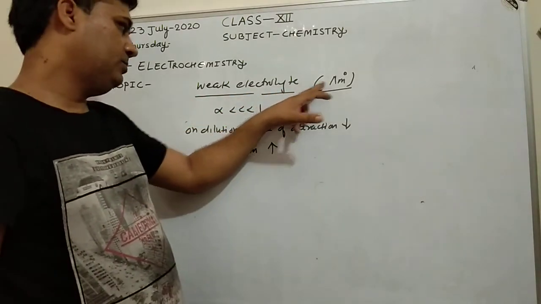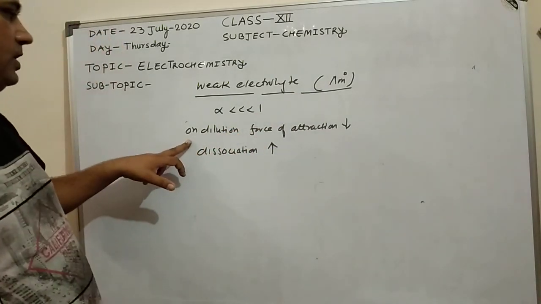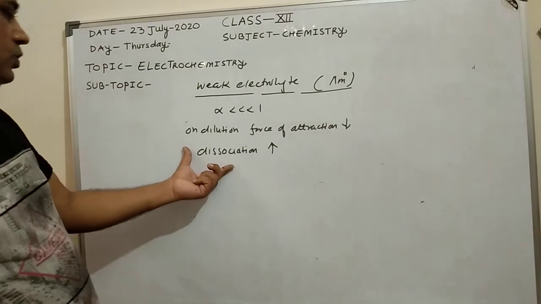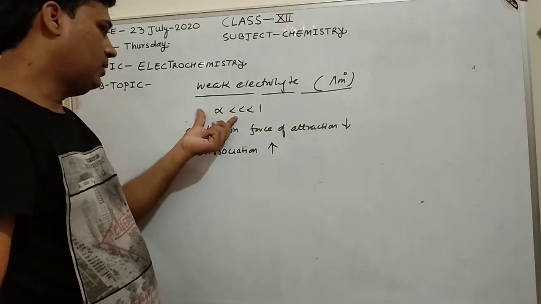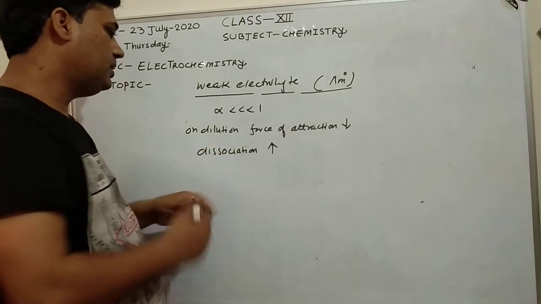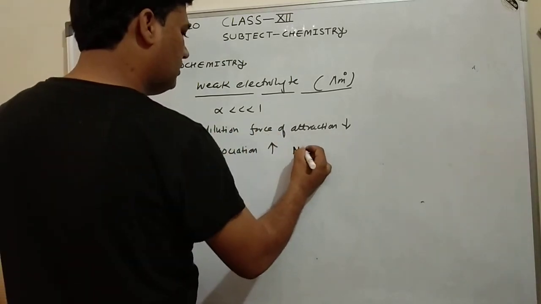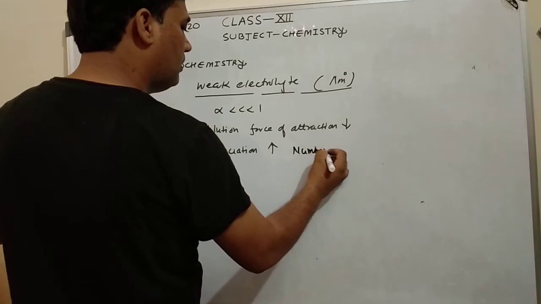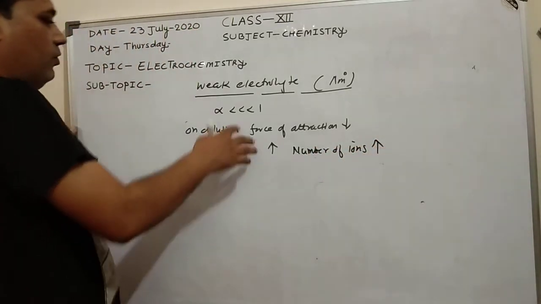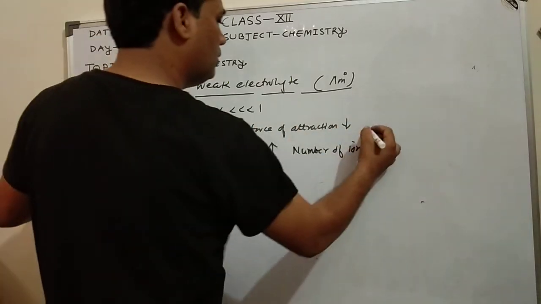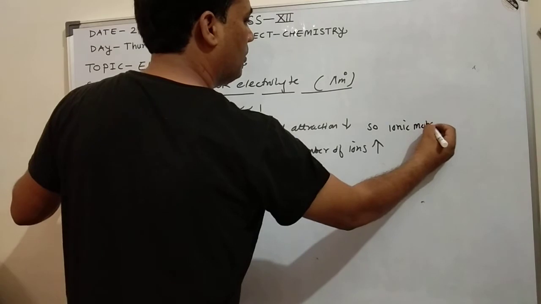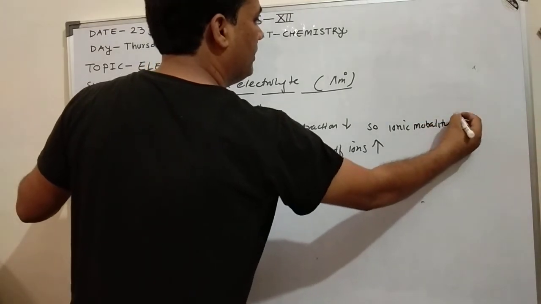limiting molar conductivity depends on two factors. One is force of attraction, second is dissociation. So in weak electrolyte, on dilution dissociation increases, that is, the number of ions increases and force of attraction decreases, so ionic mobility increases.